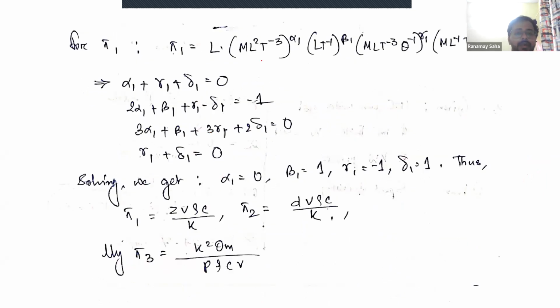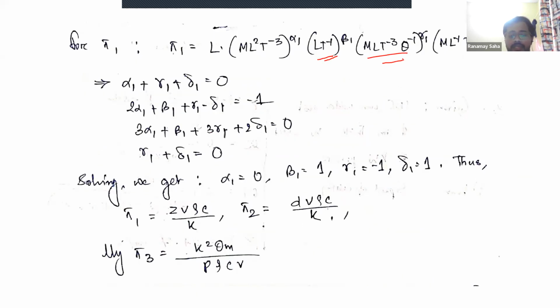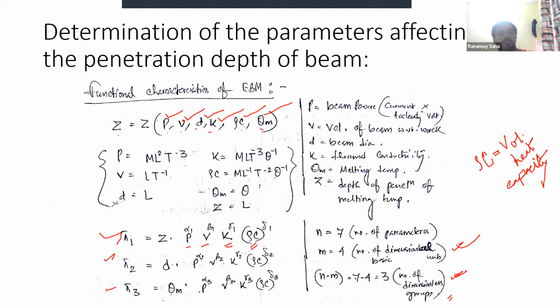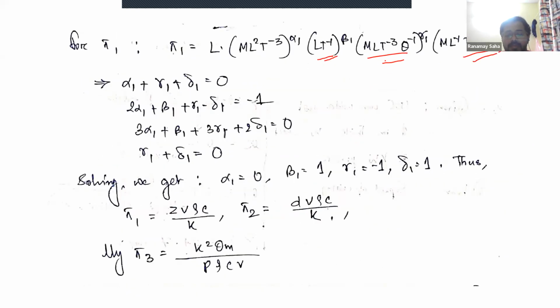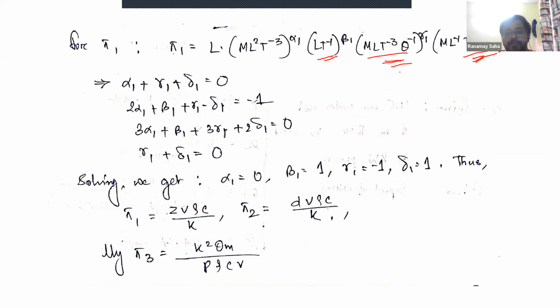It is your M L^2 T^-3, whole raised to the power alpha 1. Similarly, this is a velocity. This is your volumetric heat capacity, and this is your thermal conductivity K.